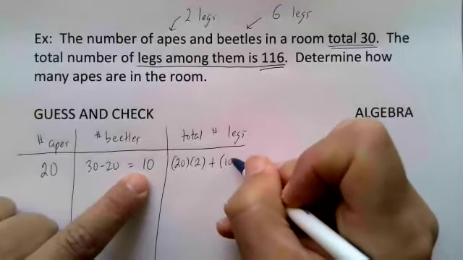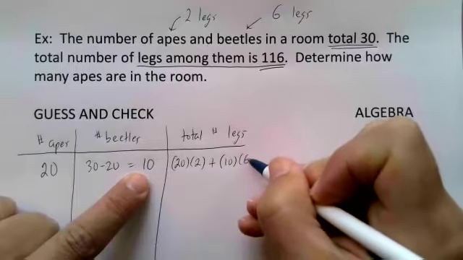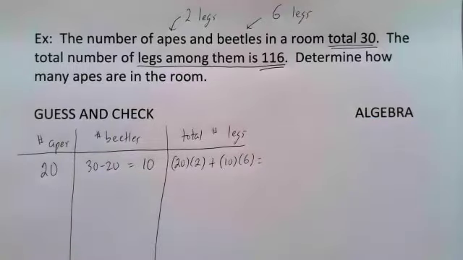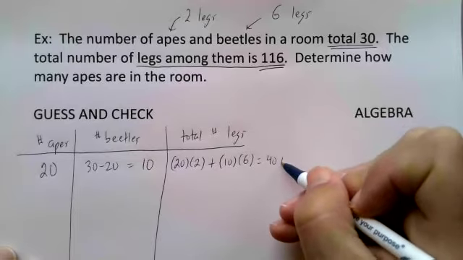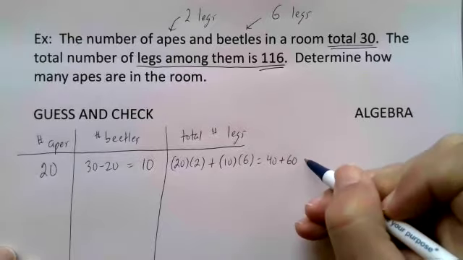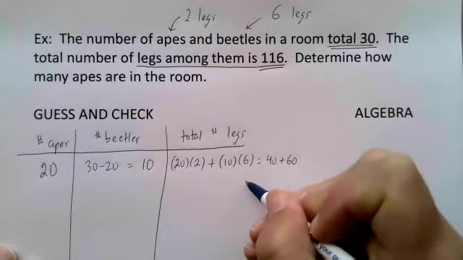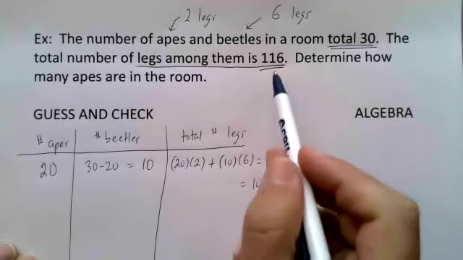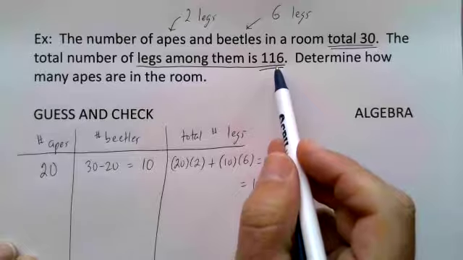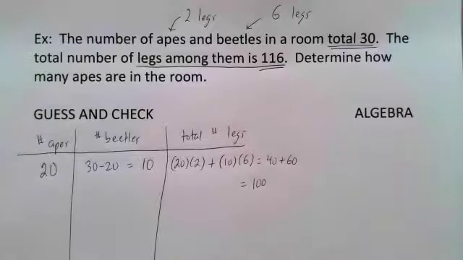There's supposedly 10 beetles in this scenario, and each of those has 6 legs. So that's the number of beetle legs we got in the room. That's 40 ape legs plus 60 beetle legs. That's 100 legs. We need 116. We need more legs, right? We need more legs.